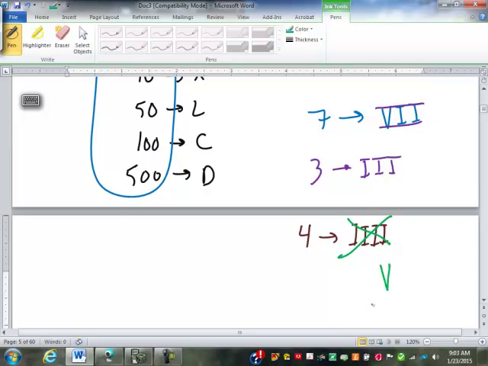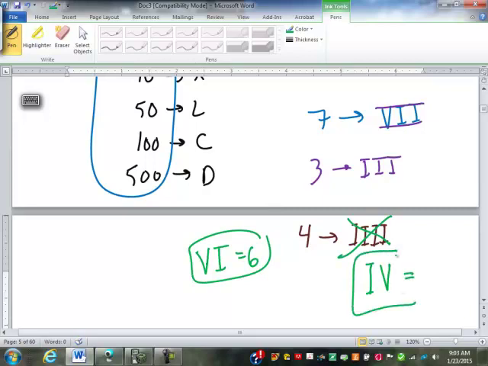They would take a 5, and if you put a smaller symbol in front of a larger symbol, that's subtracting. So VI, since the larger symbol is first, the 5 is before the 1, you're adding those together to get 6. IV, since the smaller symbol is first, it's 1 before 5, that's subtracting, that represents a 4.